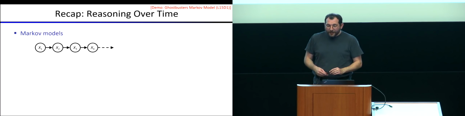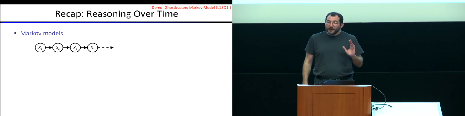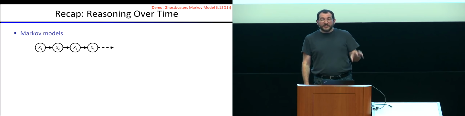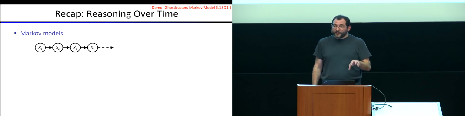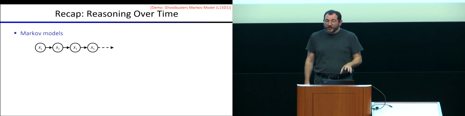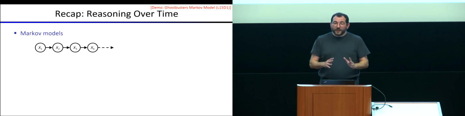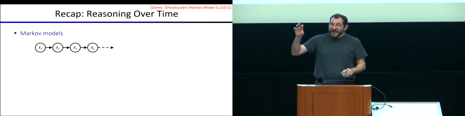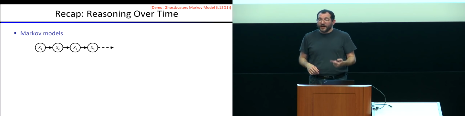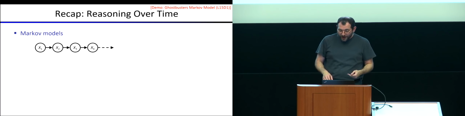So, to recap, last time you saw a couple instances of reasoning about how a random variable evolves over time. The simplest instantiation of a random variable evolving over time is a Markov chain, like what's shown here. In a Markov model, you have some variable x that replicates at every time step, and you're interested in watching how its value evolves probabilistically over time.